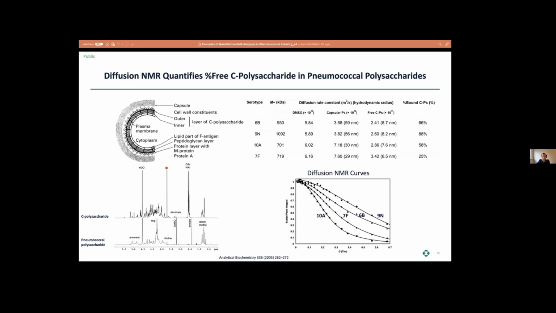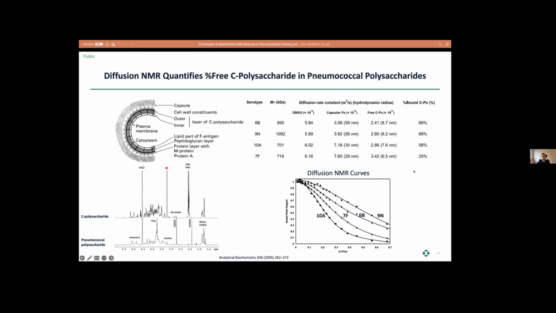But I think the advantage of NMR compared to the drawbacks of size exclusion chromatography is that NMR is much easier. It doesn't need manipulated samples, doesn't need any fluorescence tag, and you can put the sample in solution, do the measurements, and just do the mathematical fitting, and here are quick results.